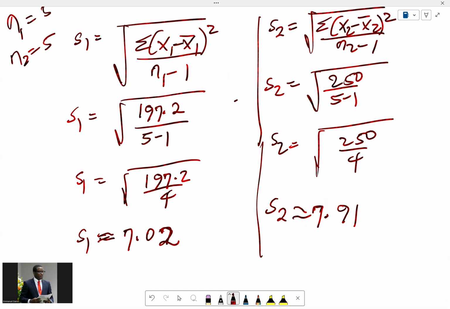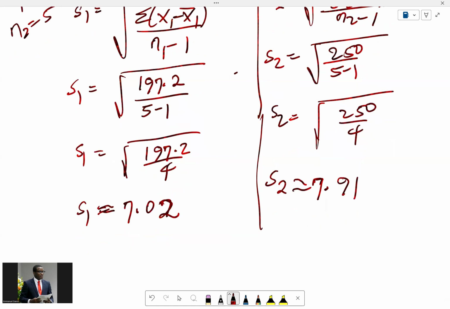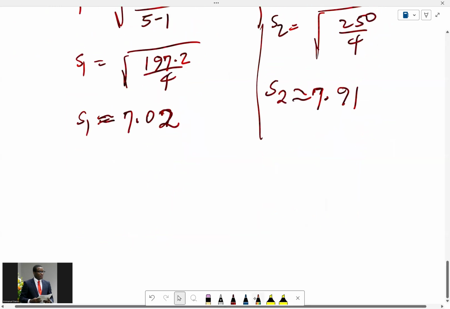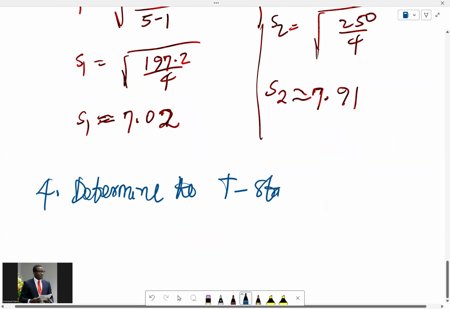Right. So now that we have all this, we can go ahead and do the next thing. That is step 4: we want to determine the t-statistic.